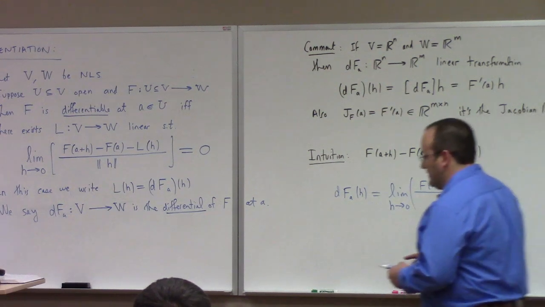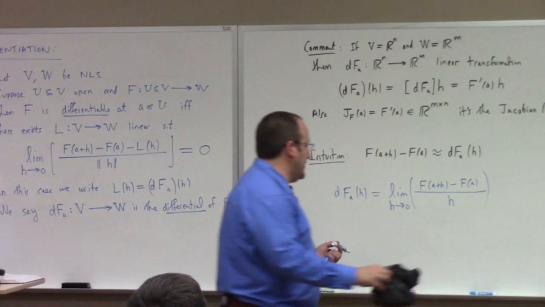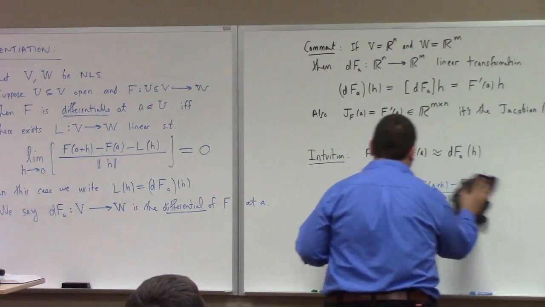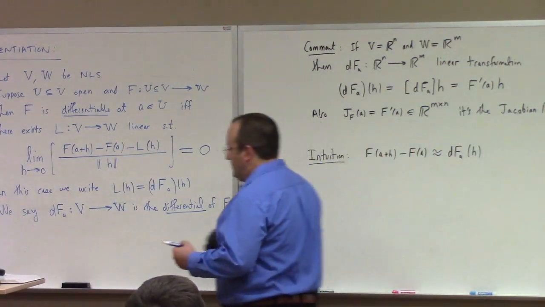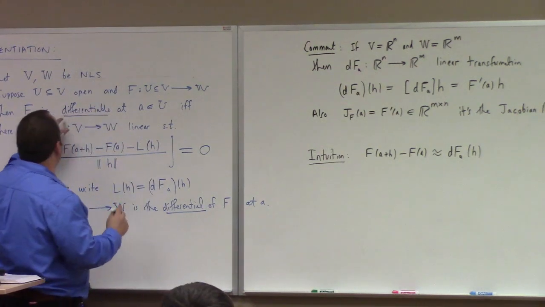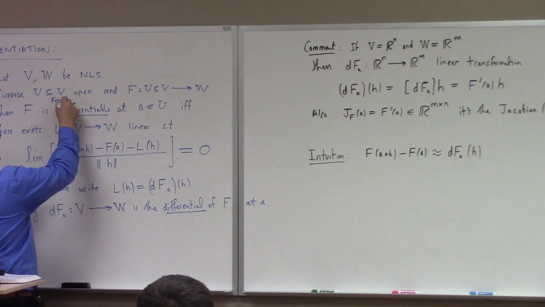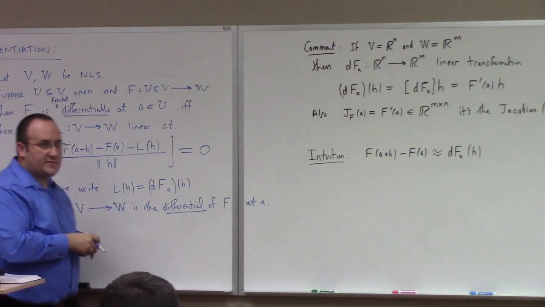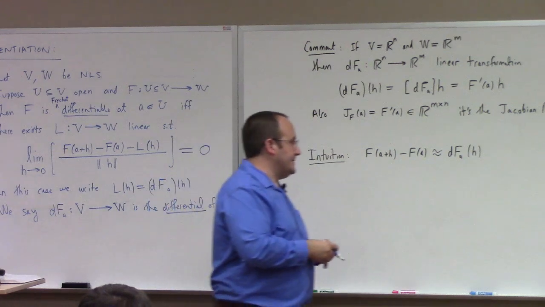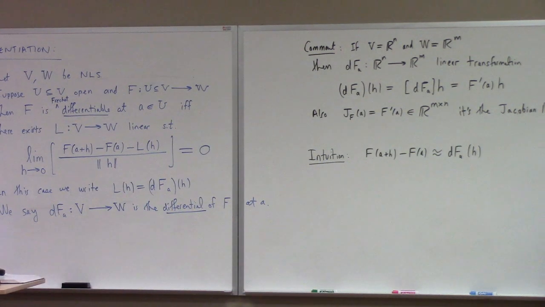So that's a lot of it. Now let's take a second to try to connect this. How does this connect to calculus 1, right? I said differentiable, but to be more precise, I sometimes say Fréchet differentiable because this is Fréchet's notion of differentiability. So let's look at example 1.